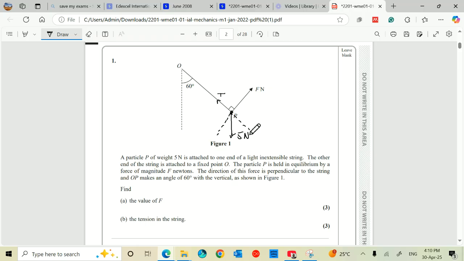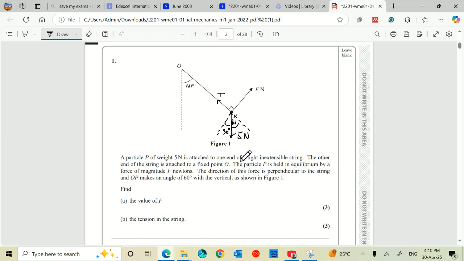And I just need to put in my angles. Well, here is an F angle, with the 5 newtons going down from O. So this is a corresponding angle. So if that's 60 degrees, that means this angle here is 60 degrees. Because it is a right angle, that will make this 30 degrees.